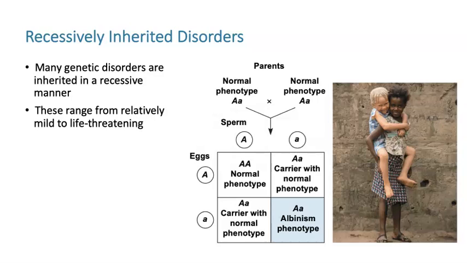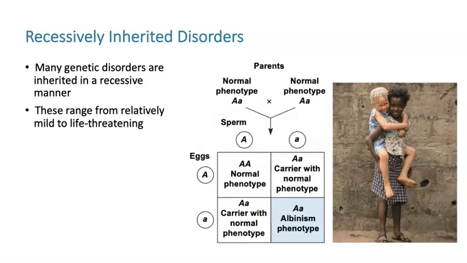So the one that we're looking at right here is the gene for albinism. And you can see these are siblings right here. One of the siblings has normal melanin and the other sibling does not have melanin being deposited in their skin. We say they're albino, but they're siblings. And so there's this gene for albinism.